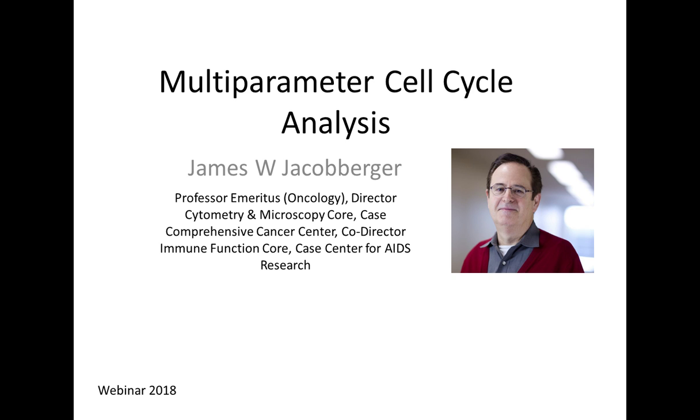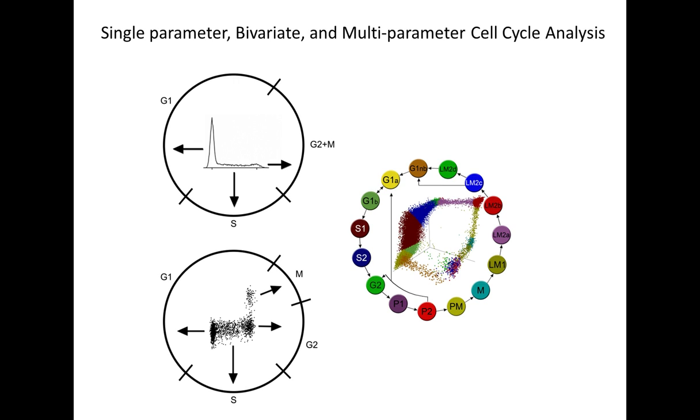Thank you, Alexis. Hello, everyone. The term cell cycle analysis has come to define cytometric assays to count cells in cell cycle phases, compartments, or states. I'll use these words throughout the talk interchangeably.